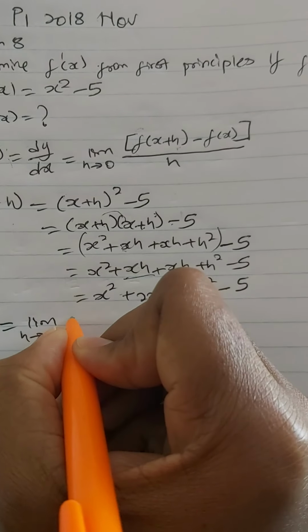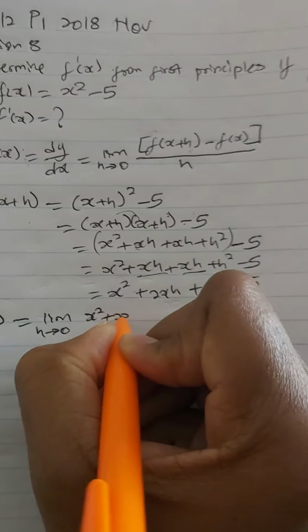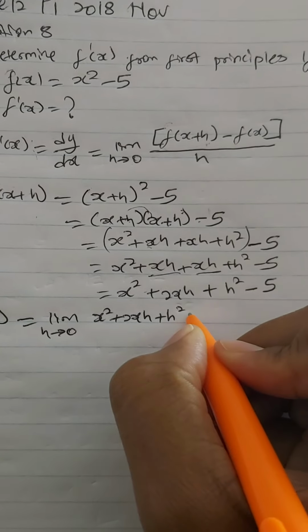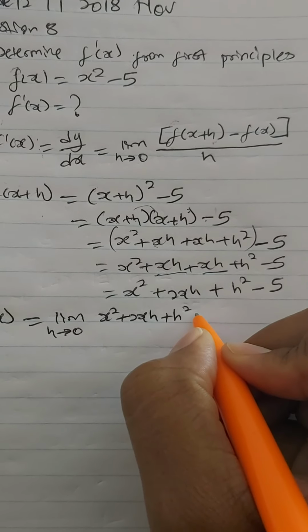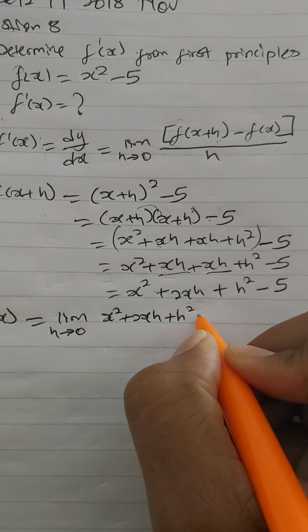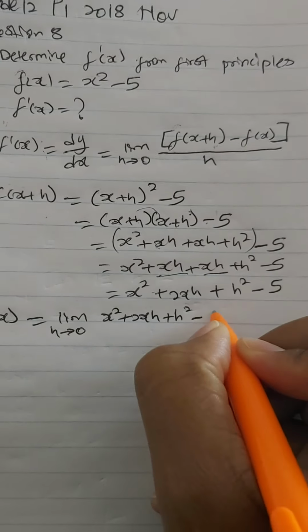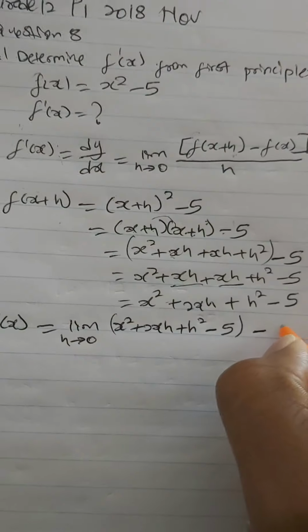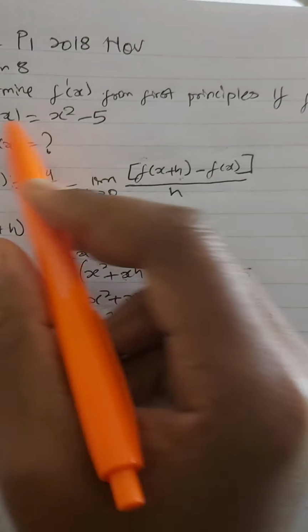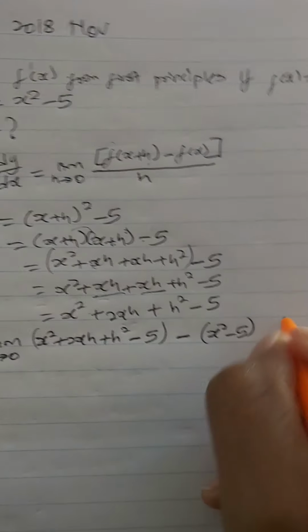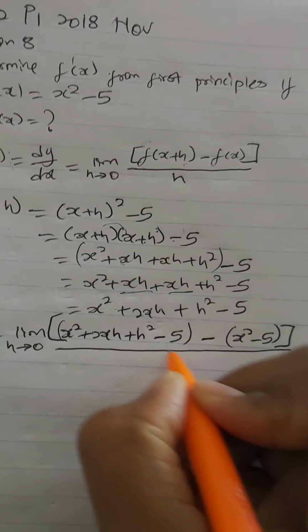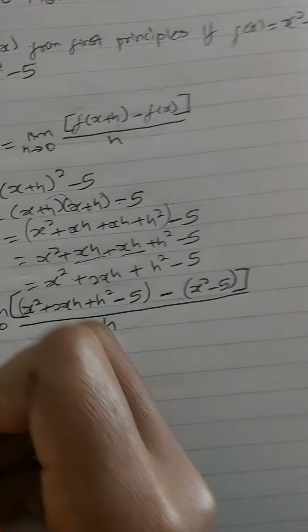So f(x plus h) is x squared plus 2xh plus h squared minus 5. Let's put it in brackets. Then we are minusing f(x). f(x) is given as x squared minus 5. So we put it here, x squared minus 5. So they are all in one bracket, all divided by h.